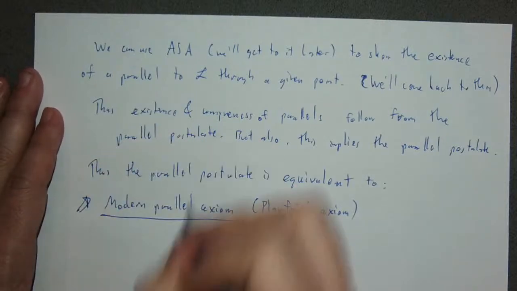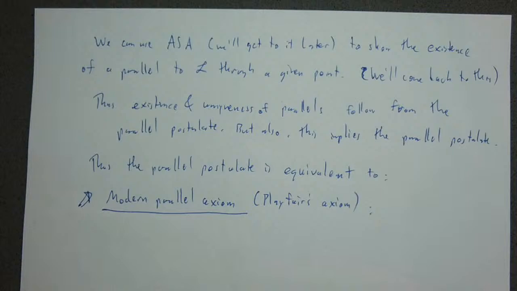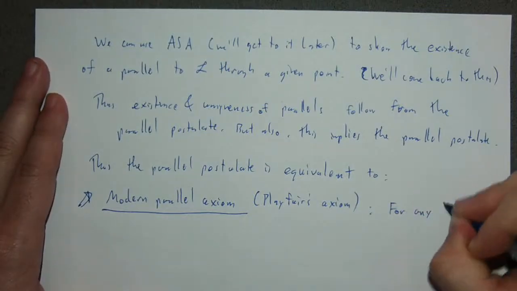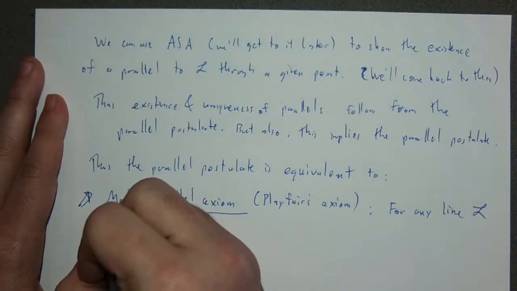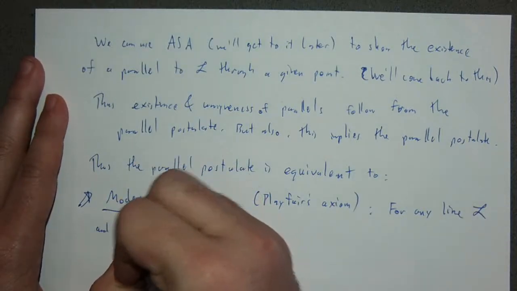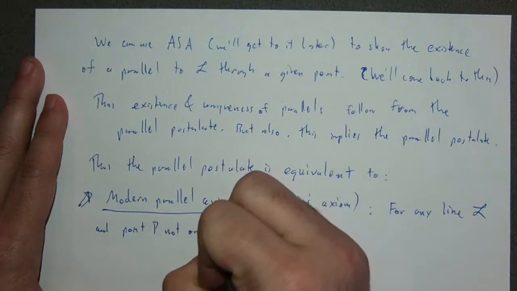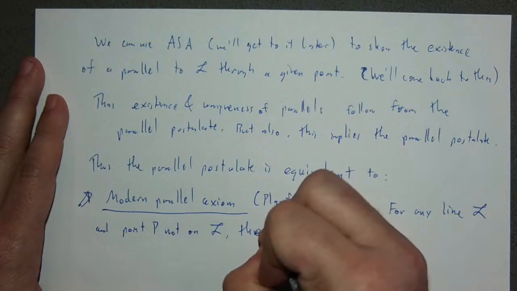So what is the modern parallel axiom, or Playfair's axiom? This is for any line L and point P not on L, there's exactly one line through P that is parallel to L.